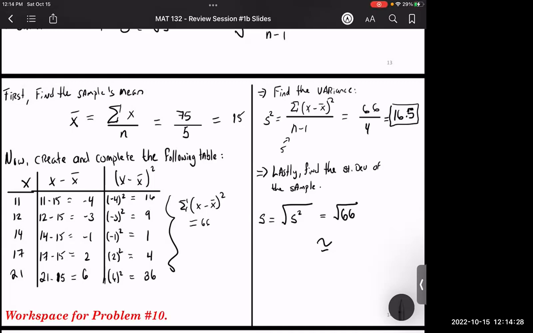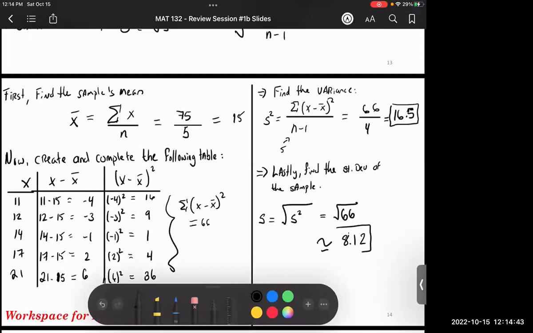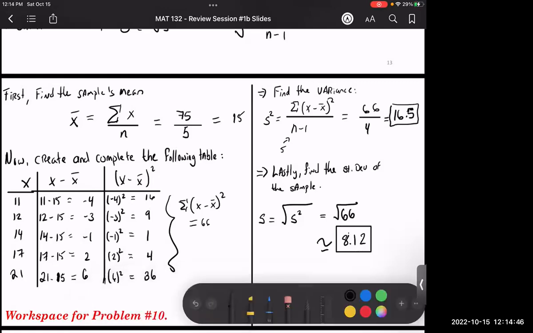Is it 8.1? You got the first 2 numbers, 8.1, but what should come after this 1? 2. A 2. Oh, my bad. So your solution is 8.12. And that's it.